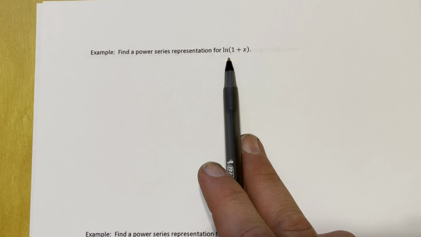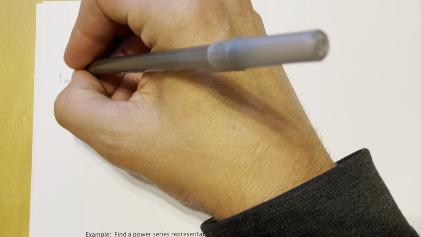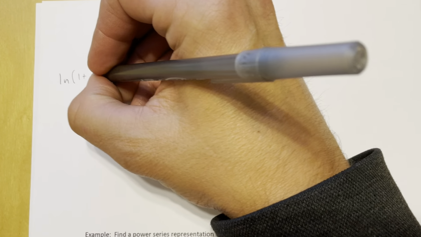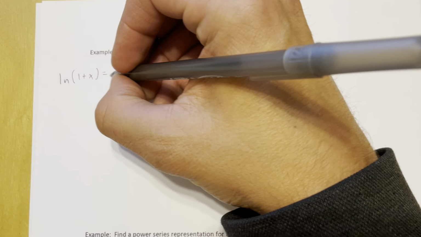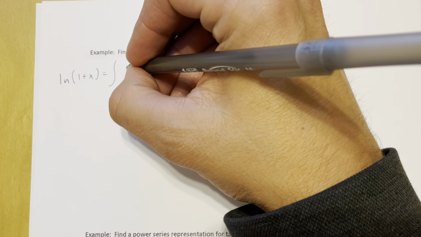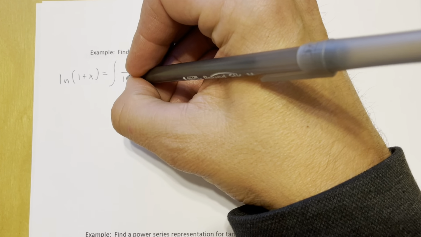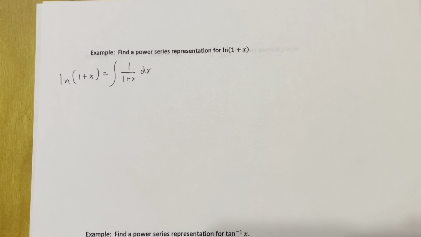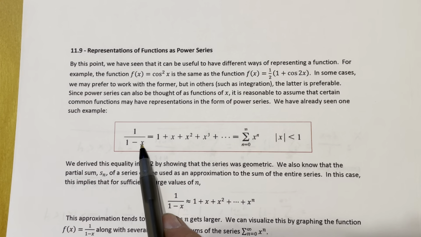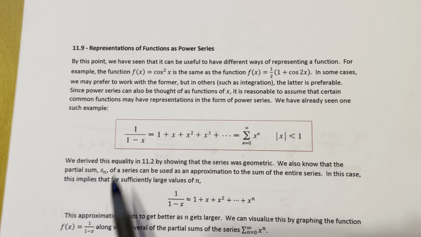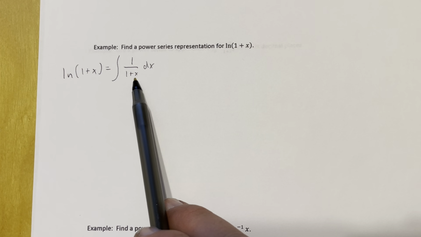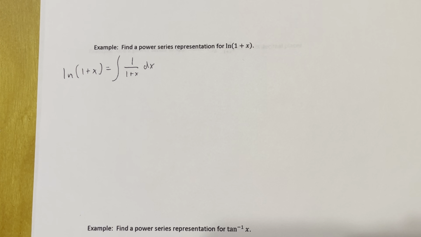But the natural log function, we know, does have a relationship to a specific rational function. So the natural log of 1 plus x is an antiderivative for 1 over 1 plus x, dx. Okay? This guy is very close to this guy, except notice the only difference is I have to substitute a negative x in for the x so that my minus changes to a plus.